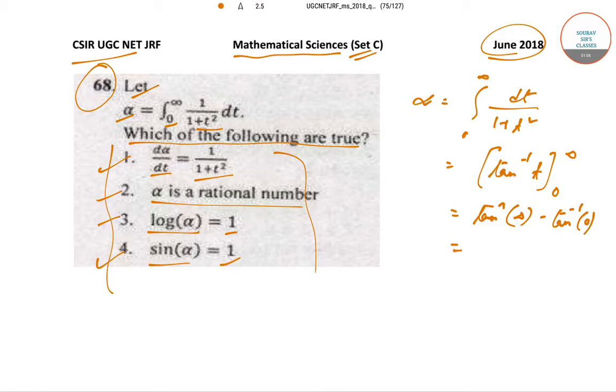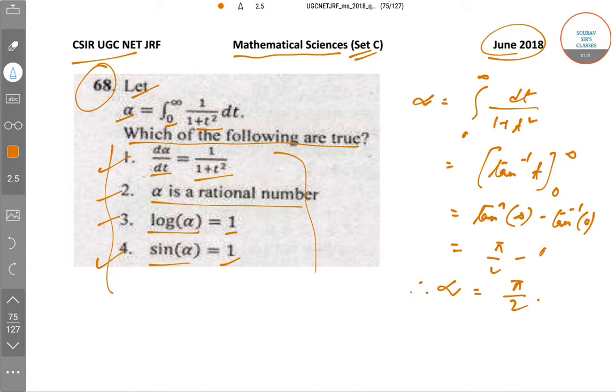Now tan inverse of infinity is nothing but pi by 2 and tan inverse of 0 is equal to 0. So therefore alpha is equal to pi by 2. Now the value of alpha is 3.14 by 2.